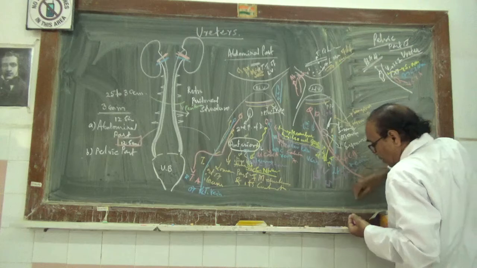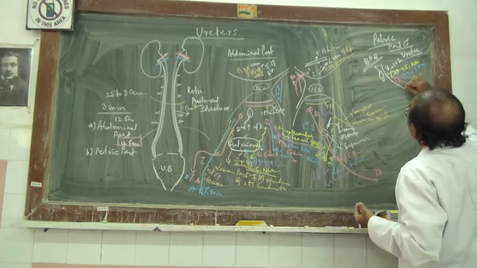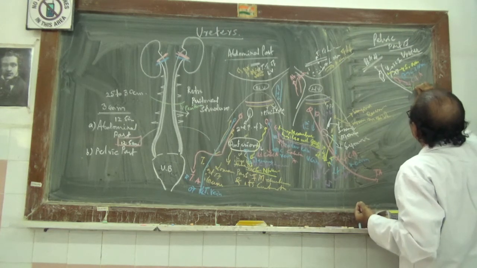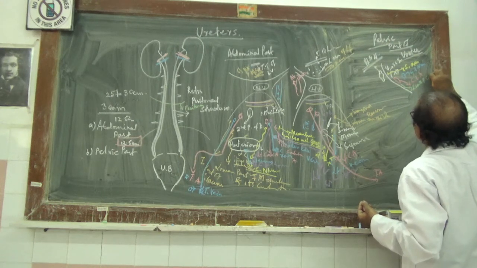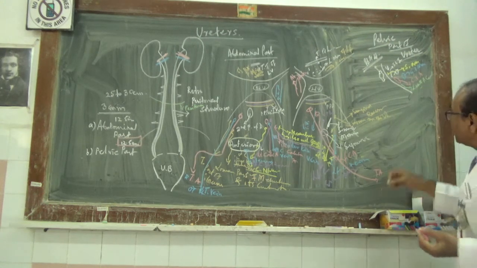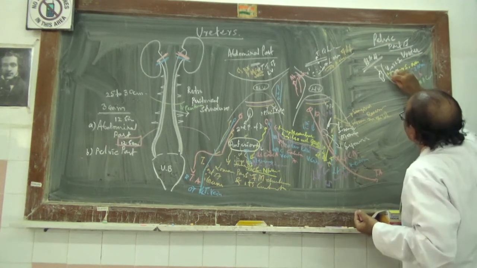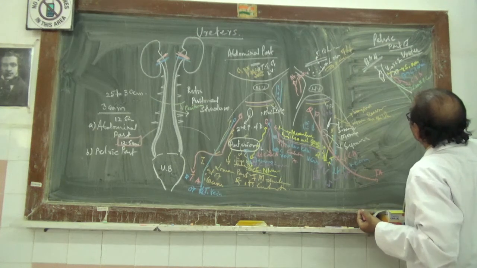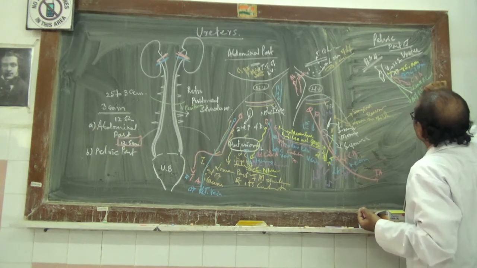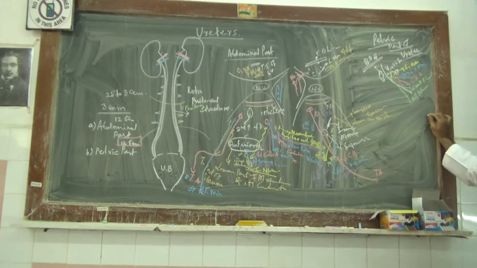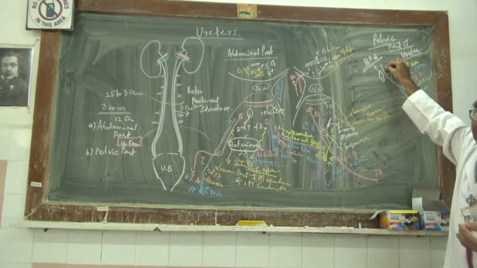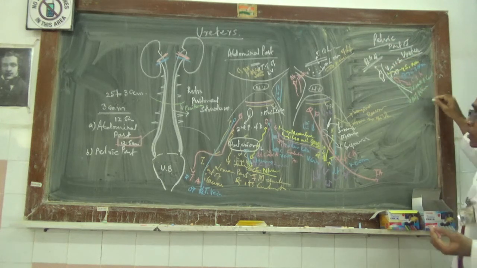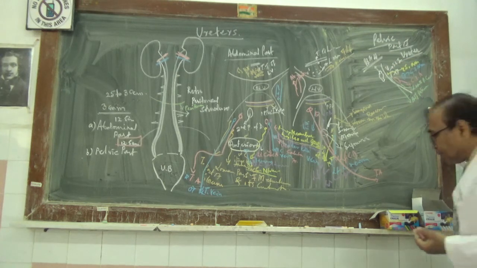Then you have the lateral wall of the pelvic cavity, the brim of the pelvis. So the sacrum is in the median plane posteriorly, but these are all posterolateral.